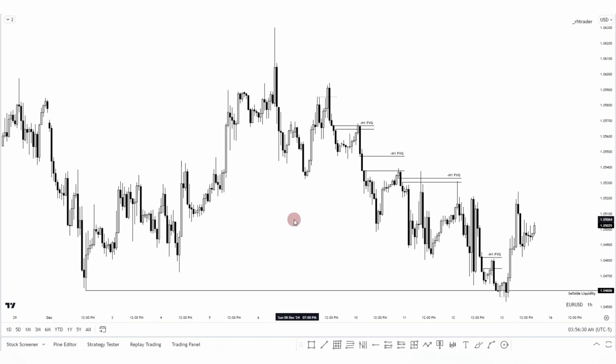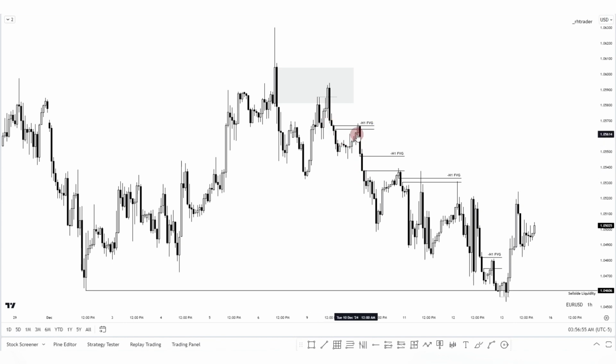So let's read this price action in a bit more detail. We do have an order block here. So that's fine. The fair value gaps have been a clear bearish one, and most of the time it has not reached the most premium gaps.